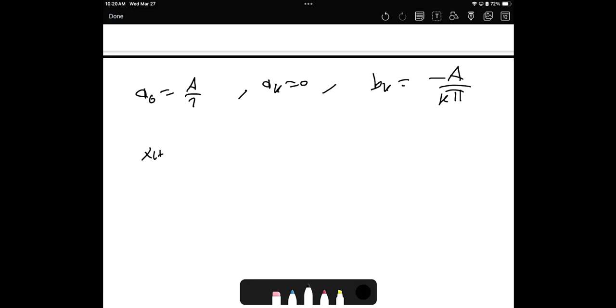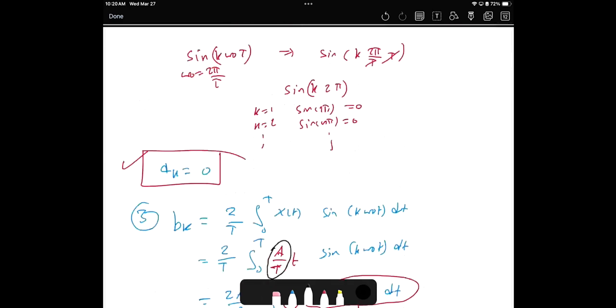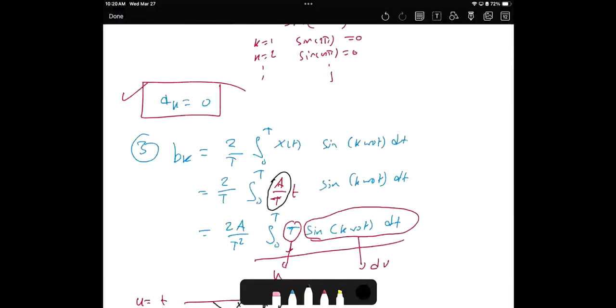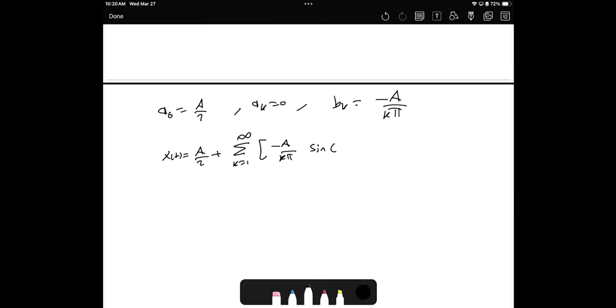So we can say x of t equals a over 2 plus the sum with k equal 1 up to infinity of negative a over k pi times sine of k omega naught t, or we can say 2 pi k over T. Then that's it, properly done.